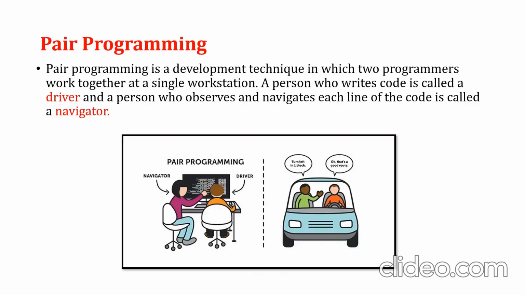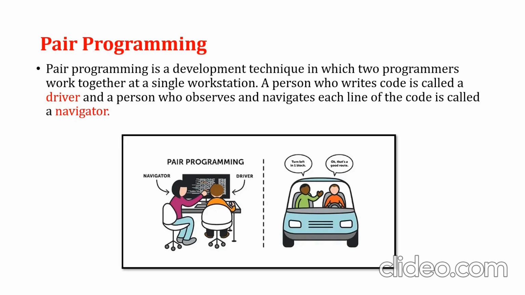What is pair programming? Pair programming is a development technique in which two programmers work together at a single workstation. In pair programming, two programmers have different roles. The first person is called the driver.